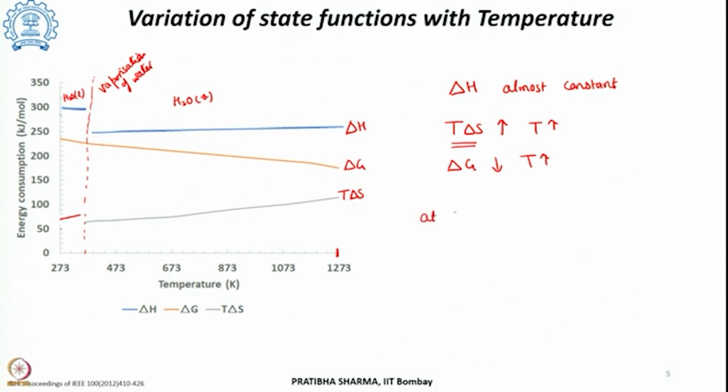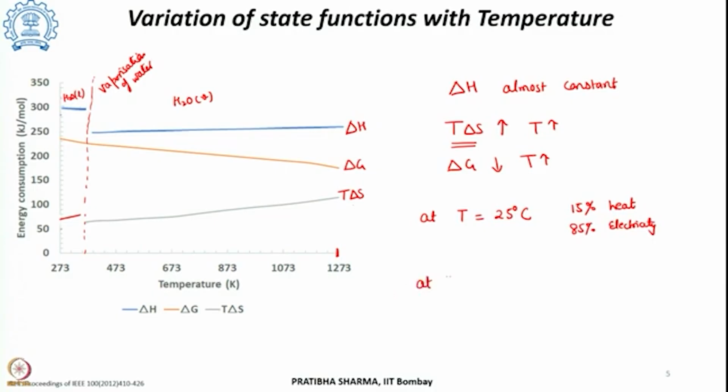At a temperature of 25 degree centigrade, it is observed that 15% of the requirement is of heat or the thermal energy, the contribution of which comes from T delta S, and the remaining 85% is by means of electricity.